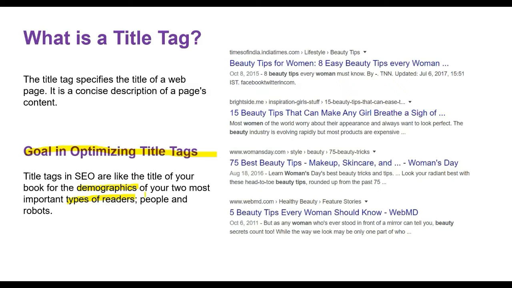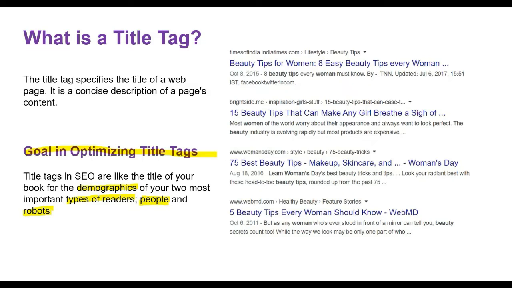Those are the people, our audience, our readers, our searchers, and the robots. This one is the Google algorithm. So we have to optimize it so that people can easily search for it, and the robot can give the people or the searcher what they are really looking for.